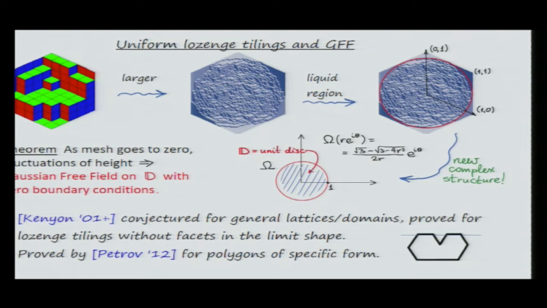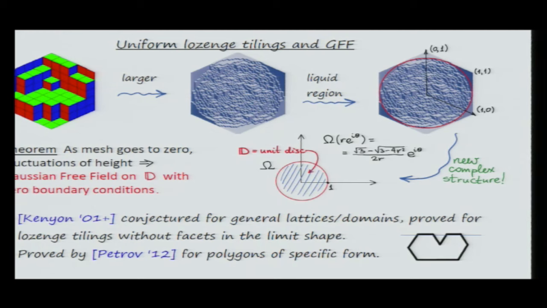And in general, the dimer models are related to the Kasteleyn matrix, which is a modification of the incidence matrix for the underlying lattice. And the inverse Kasteleyn matrix describes the whole picture completely, and that somehow is similar to the inverse of the Laplace operator. So one shouldn't really be surprised to see something like Green's function appearing.